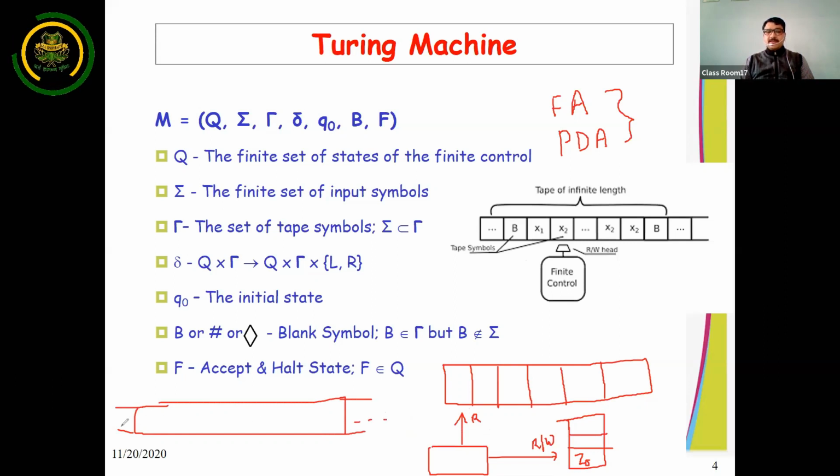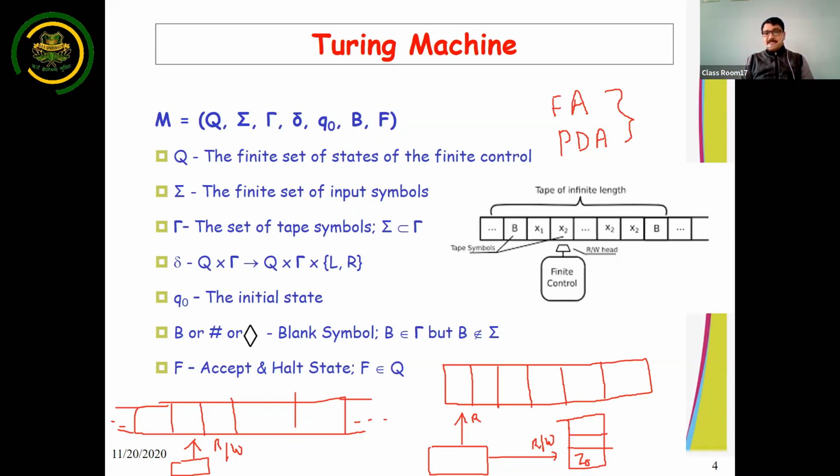Okay, clear? And this whole tape is divided into equal size blocks, that are called cells. There is a head that can read or write into the tape. Here the capability of the head is read and write, means the head is able to read as well as to write on the tape.